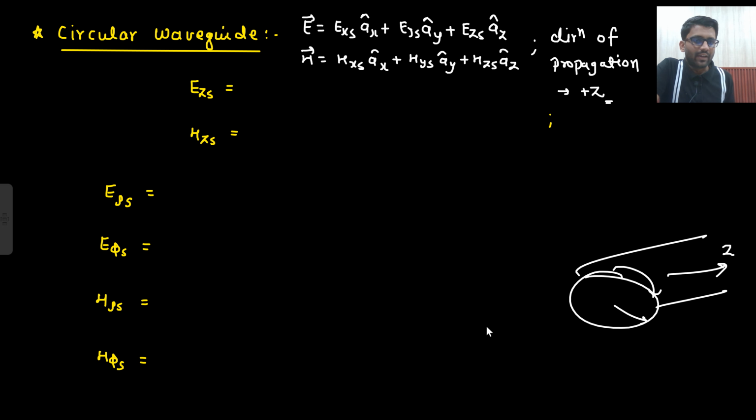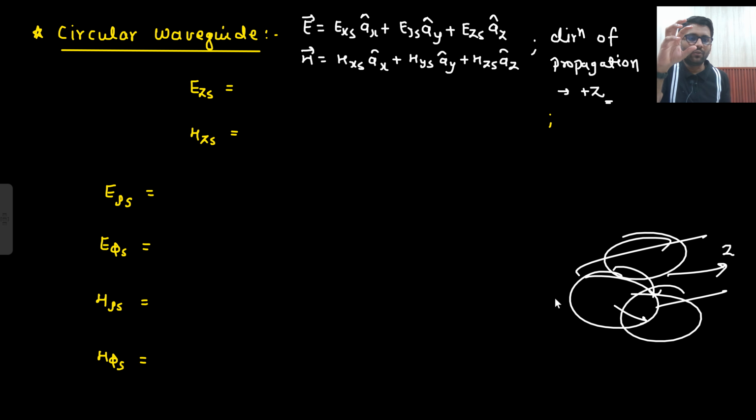Now, if it were traveling in open space, with no conducting walls, then in the direction of propagation there would be no component of electric field, nor of magnetic field. That means EZS and HZS would have been 0 if conducting plates were not there. But now the conducting plate is there, so EZS can exist, EYS can exist, EXS can exist, HXS, HYS and HZS can also exist.